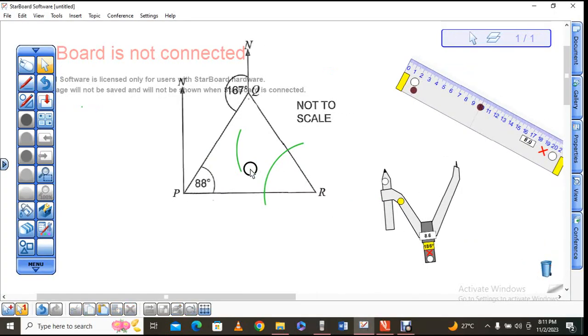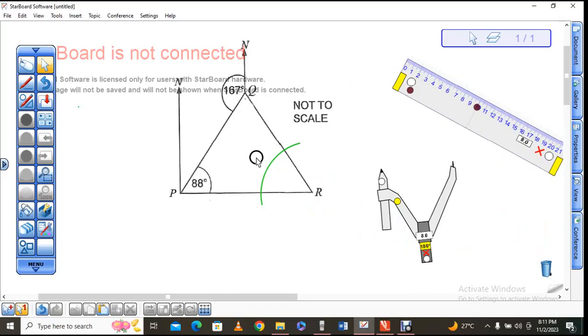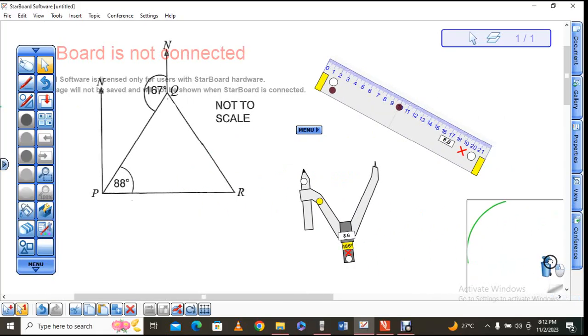Let's just start all over, don't worry, so that is much easier for you to understand. Okay, so let's start over.